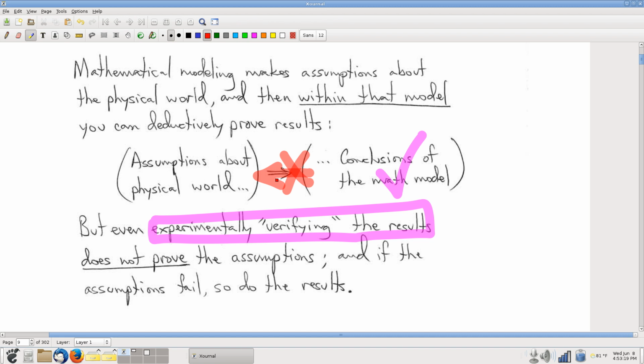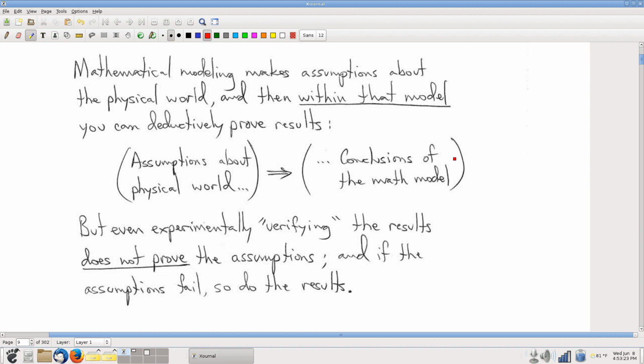So you just have to keep in mind that's what mathematical modeling is, and you cannot prove the assumptions that you're making in the mathematical model. All you can do is make deductive conclusions that are true within that mathematical model. And if it's a good mathematical model, then it will model the physical world well. But again, you're not deductively proving things about the physical world.